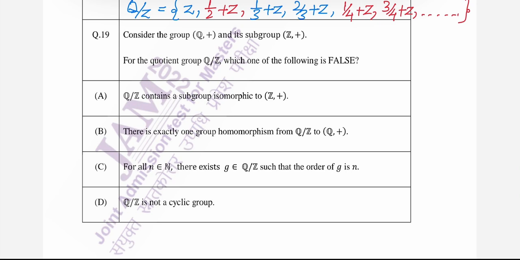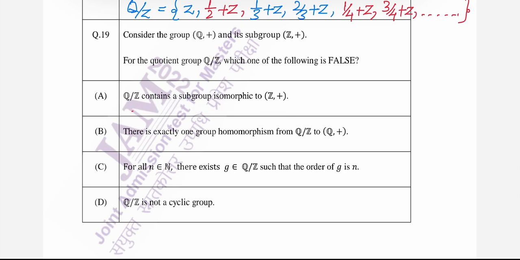It says Q/Z contains a subgroup isomorphic to Z+, the set of integers. So you should remember that two isomorphic subgroups contain the same number of elements.